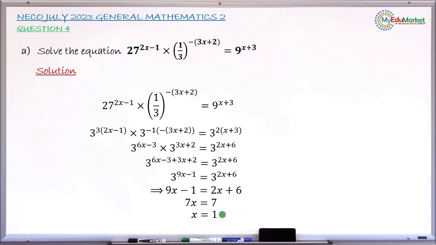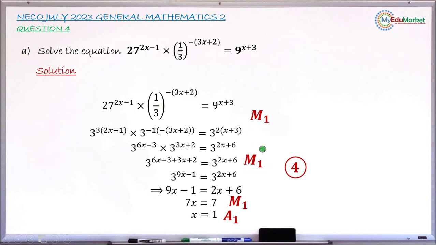Let me quickly share with you the marking scheme for this question, how it was marked during the marking of this NECO 2023. The very first mark is the method 1 mark. This method 1 mark is for attempting to change those numbers from ordinary numbers to index numbers: 27, 9, and 1 over 3. The next mark is another method 1 mark.